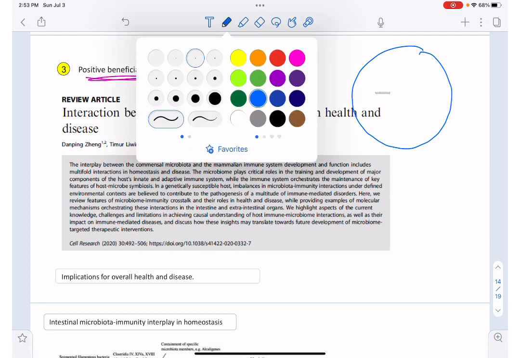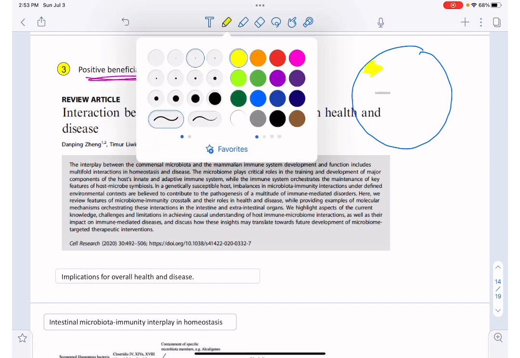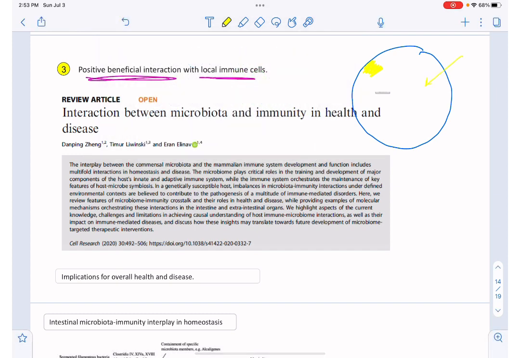And here we have the mucus layer of the large intestine. This is the lumen. And then we get into the wall of the large intestine.